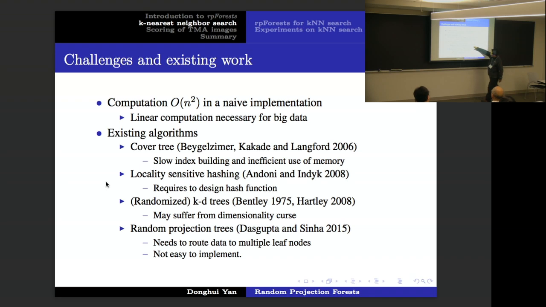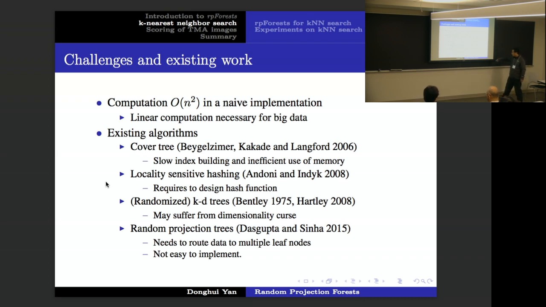In this case, the tree construction is also random, but the direction is not entirely random. It randomly picks one of the coordinates. So in that case, it suffers from the so-called curse of dimensionality. If the number of features is huge, this method doesn't work.